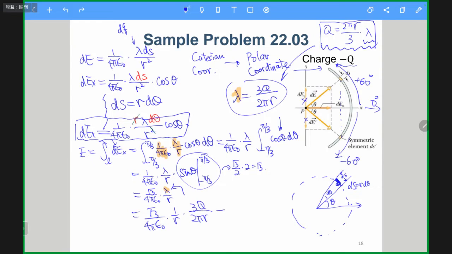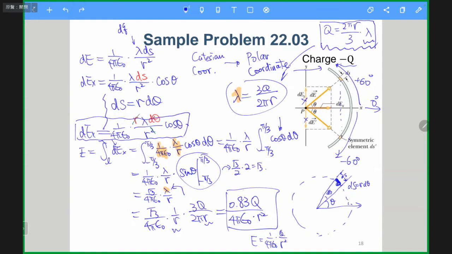So it turns out to be 0.83q over 4 pi epsilon naught, and then times 1 over r and then another r, so it is r squared here. So this is the answer to this question. Of course, it still looks like the form 1 over 4 pi epsilon naught times q over r squared.